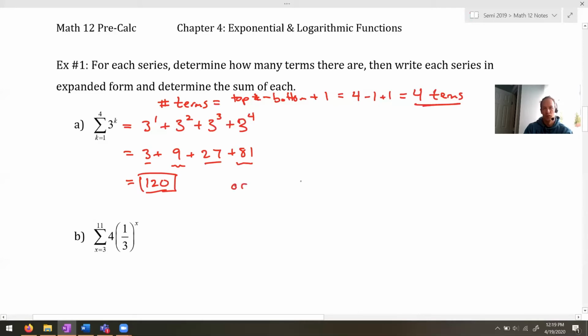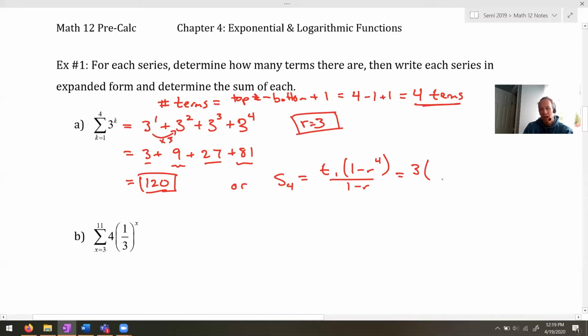Alternatively, you could say the sum of 4 terms is equal to t1 times 1 minus r to the power of 4 over 1 minus r. And this would totally be overkill, but you could do it. So we can see that r is equal to 3, because every time we're going up, we're multiplying by 3.